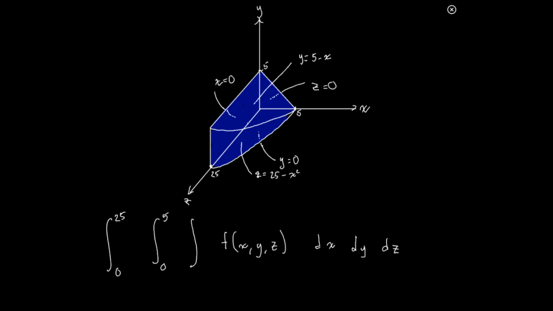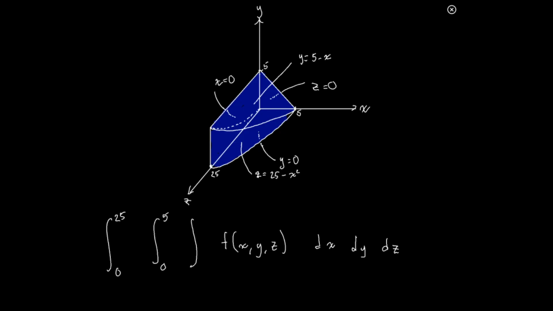That means we're going to need two different integrals. Let's say they're going to look like this, because this area is going to run into this one, and this area is going to run into this one. So let's do this first one.